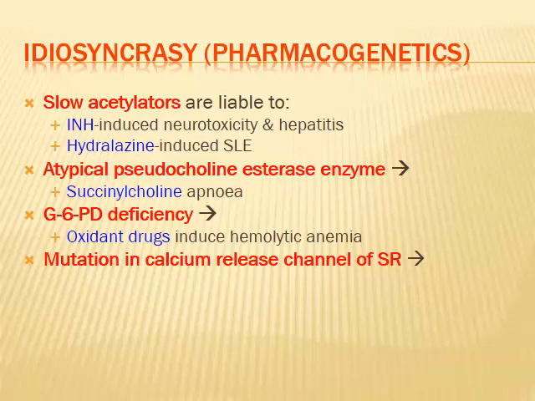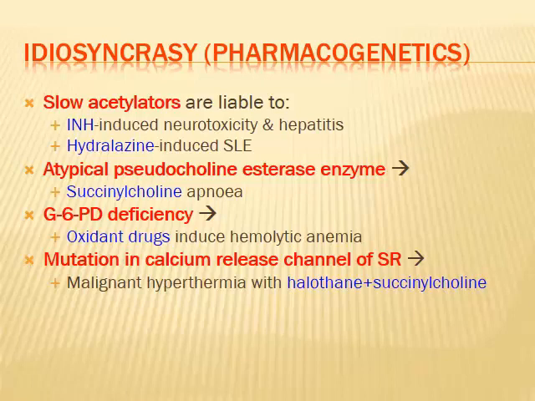Inheritance is autosomal dominant. Malignant hyperthermia is an inherited myopathy, characterized by a hypermetabolic state, which is triggered when the patient is exposed to some anesthetic agents, e.g. halothane, especially when combined with succinylcholine.